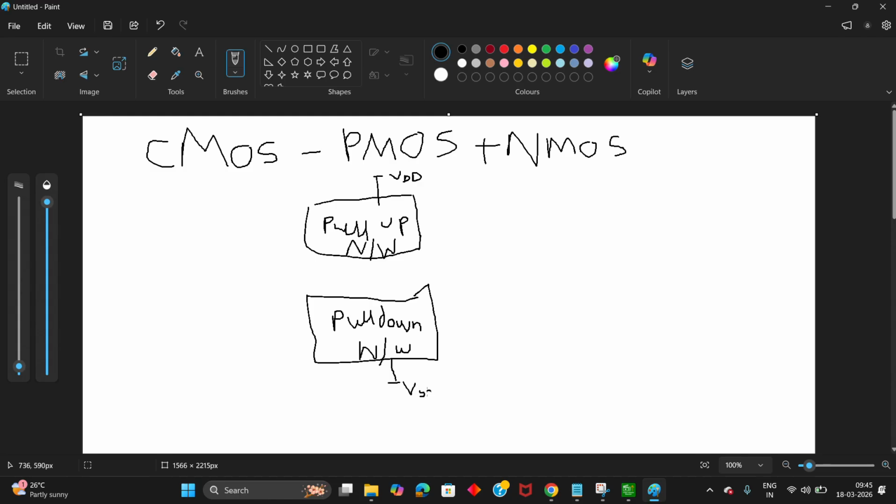Now we are going to join the drain terminals of the pull-up and pull-down networks, and take the output from in between them. We are going to apply the input to both the pull-up and pull-down networks.